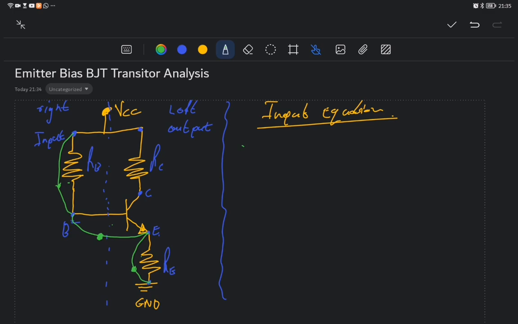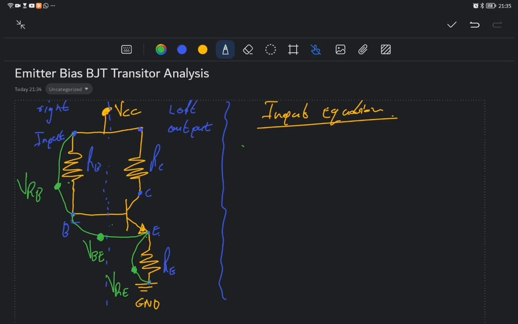Now let's find my labels. Here I would say it's VRB. And then here I would say it's VBE, because from B to E section. And then here I would say it's VRE, because it is the voltage of the RE resistor.